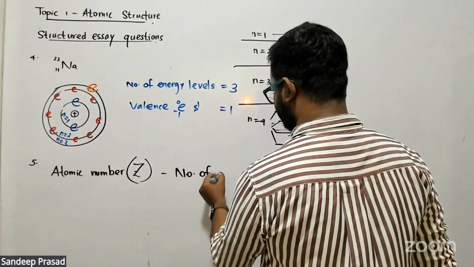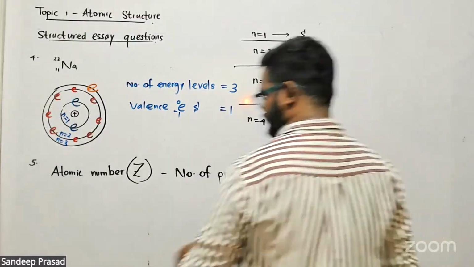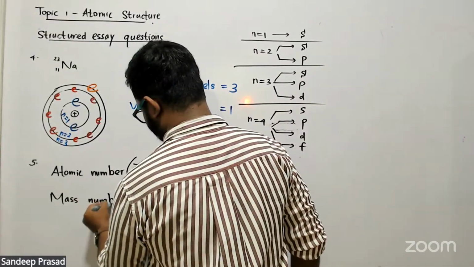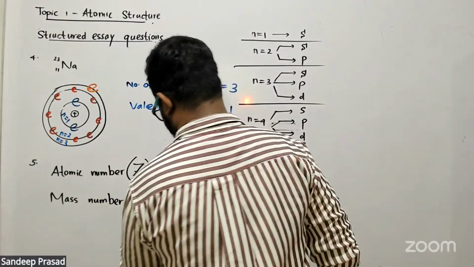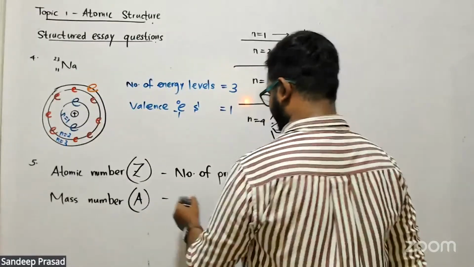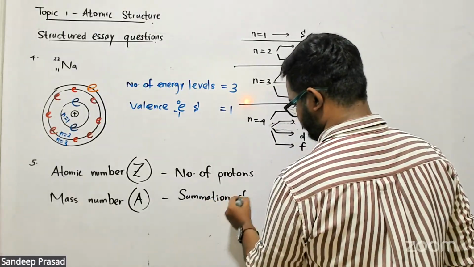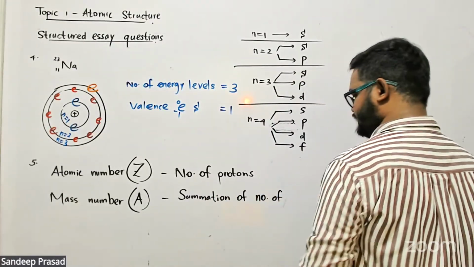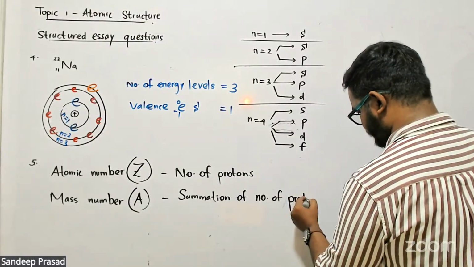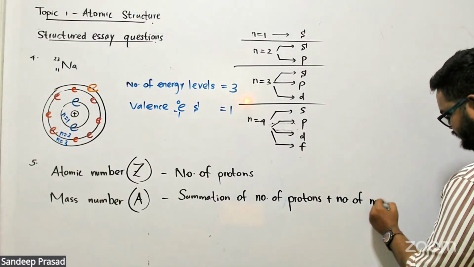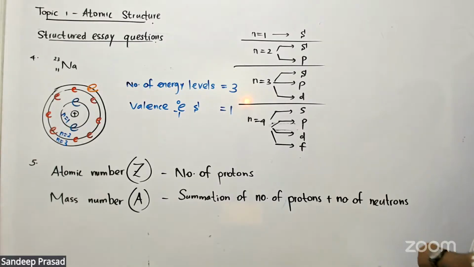Number of protons. Then define mass number. What does mass number mean? Capital A. Mass number means the summation of the number of protons plus the number of neutrons. In this way. So that's very easy.